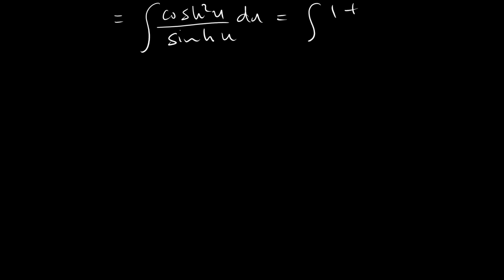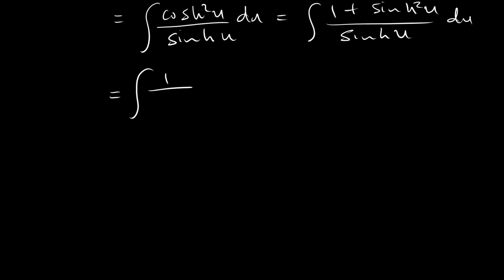Okay, so one other thing to note is that if we have that as our numerator and that as our denominator, this becomes 1 plus the square of hyperbolic sine of u over hyperbolic sine of u, which becomes 1 over the hyperbolic sine of u plus hyperbolic sine of u.